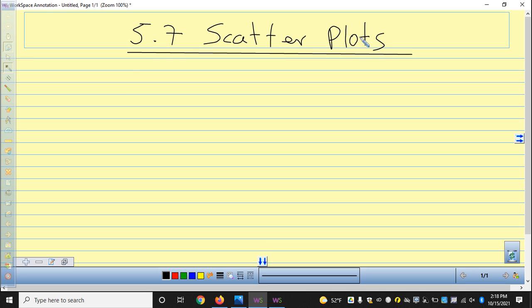So we're graphing a set of data. So you have something and you're measuring something that's happening, and you come up with points that represent that thing, and you make a graph of those points. That's called a scatter plot.